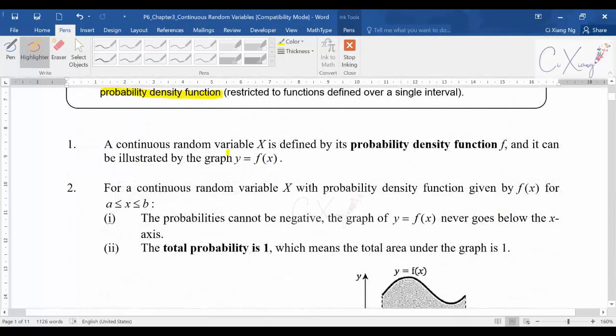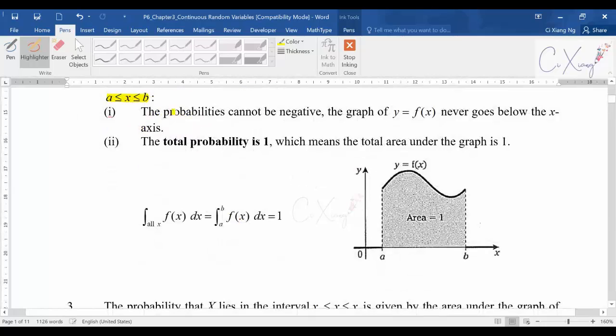Okay, so a continuous random variable is defined by its probability density function. In some reference books, you will see that they abbreviate it as PDF, probability density function. It can also be illustrated by the graph y equals f(x). For any continuous random variable with this function between A and B, there are a few things you need to know.